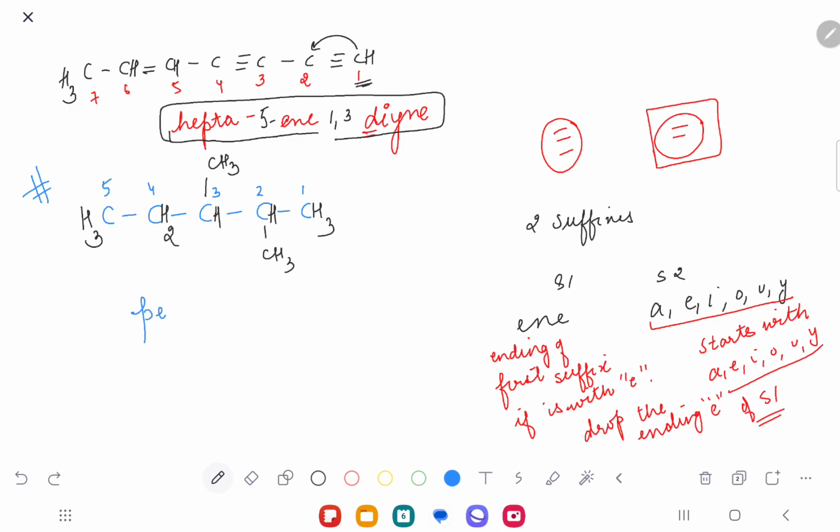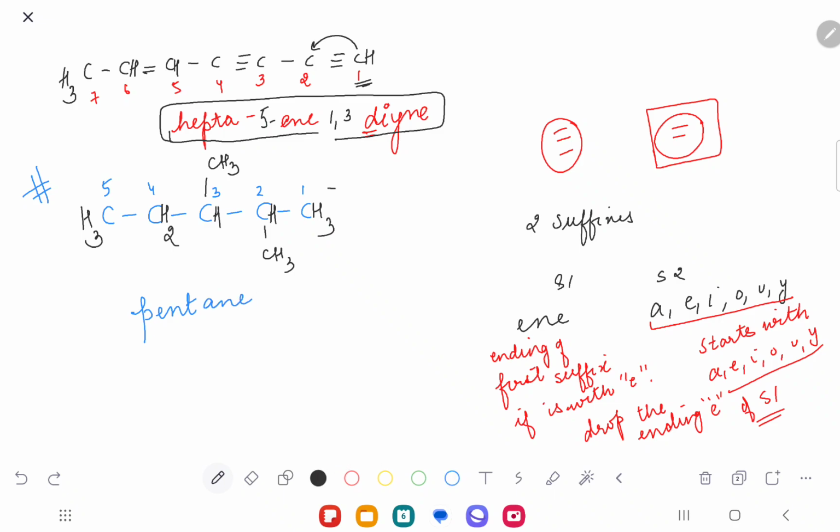So the word root is pent. Everywhere in the chain there is a carbon-carbon single bond, so everywhere it is pentane. So I cannot say pent-1,2,3,4,5,6. I will simply write pentane.